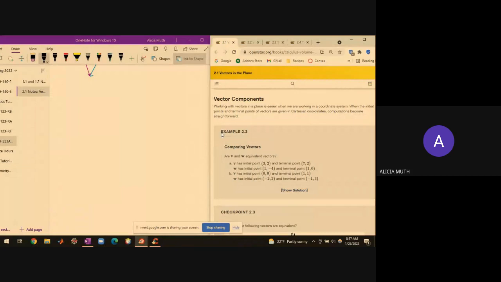So now we're working through example 2.3, comparing vectors. Are V and W equivalent?